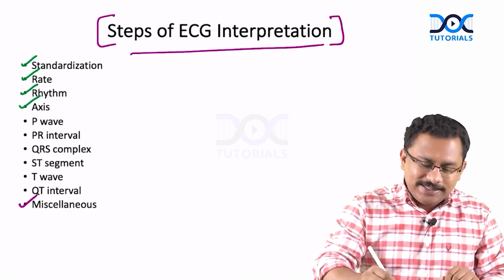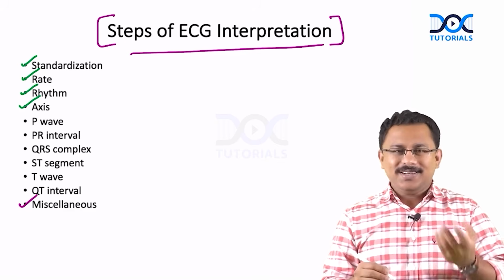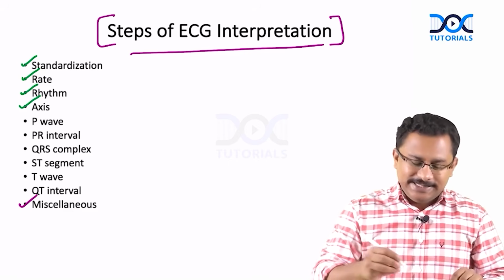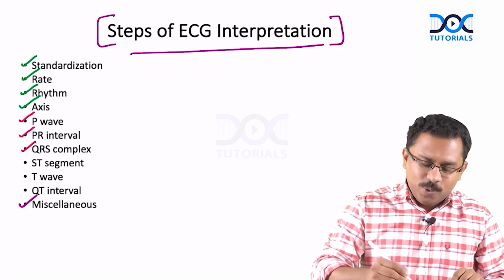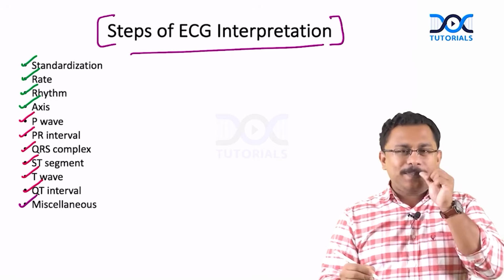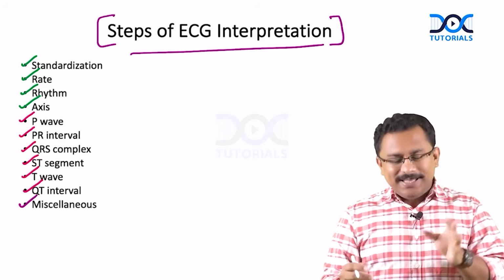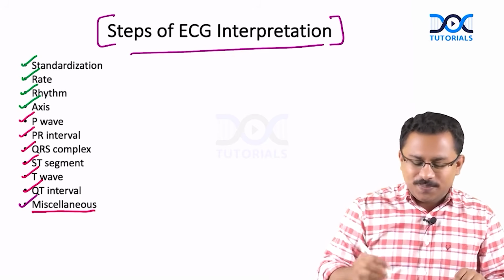Whereas the subsequent 6 steps are with respect to waves, intervals and complexes in the ECG. So you have P wave, PR interval, QRS complex, ST segment, T wave, QT interval. These are the steps, and finally you have the miscellaneous one also.